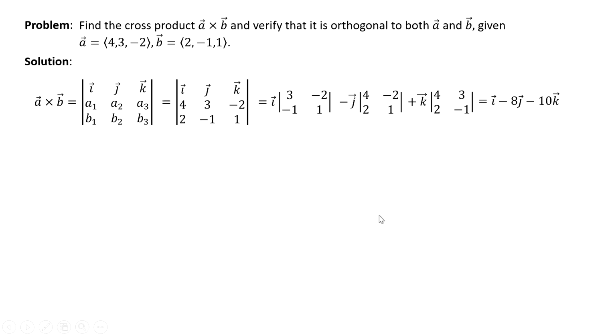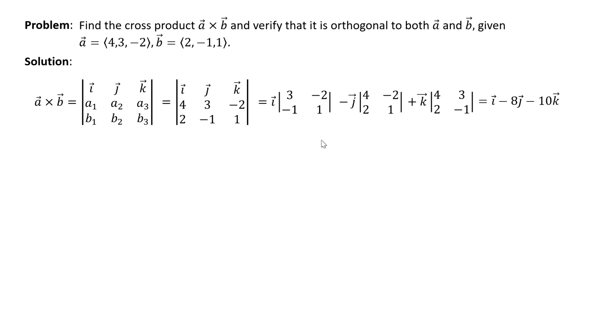Cool. Now about verifying that this is orthogonal to both A and B. A bit of a challenge. How do you determine if two vectors are orthogonal? It's something that we learned in the previous section, right? If two vectors are orthogonal, then their dot product is going to be 0.